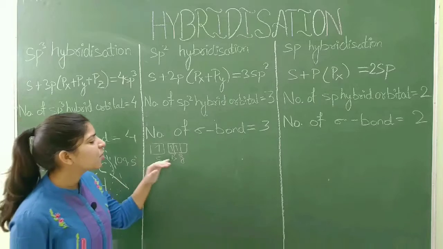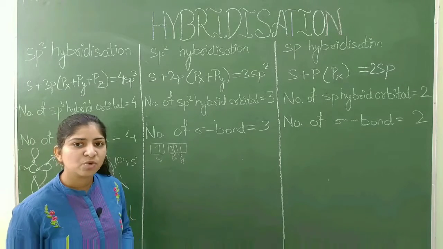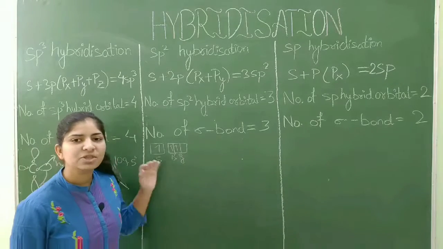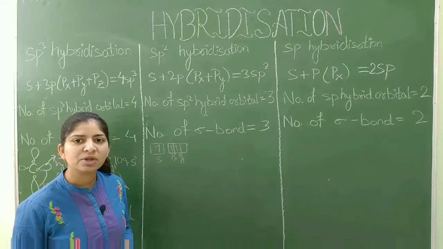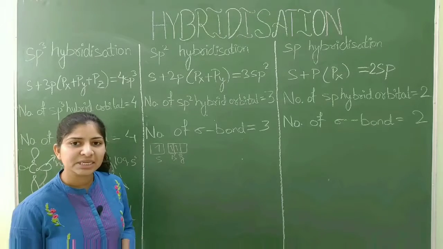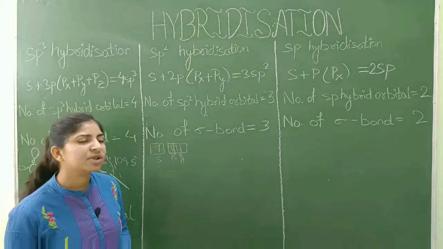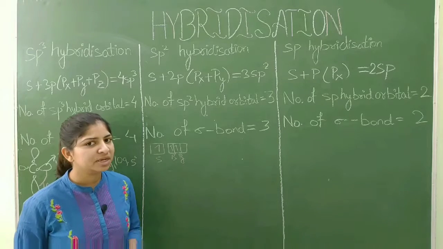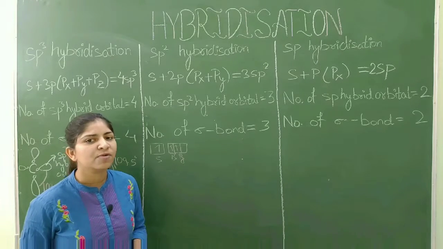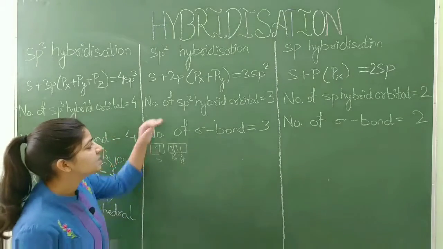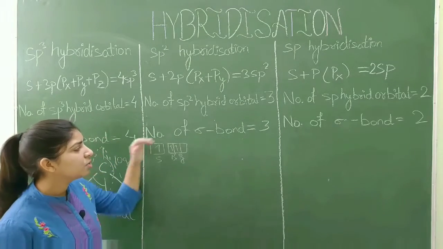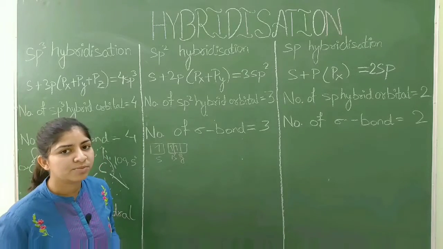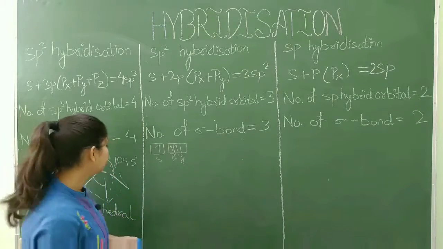So total number of bonds formed by sp2 hybridization is 3. So in this case 3 bonds will be formed and total number of atomic orbitals mixed is also 3, and we know that total number of atomic orbitals mixed will be equal to the total number of hybrid orbitals, so it is also 3. Now number of sigma bonds, 3 bonds are forming, so number of sigma bonds is 3.